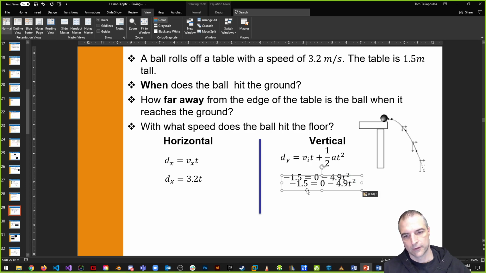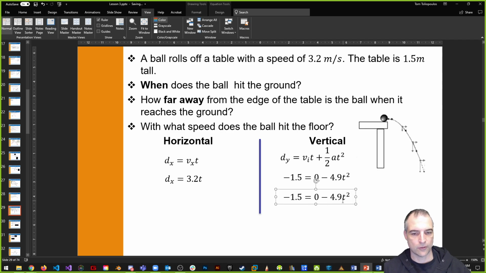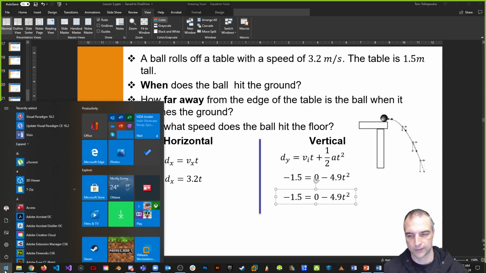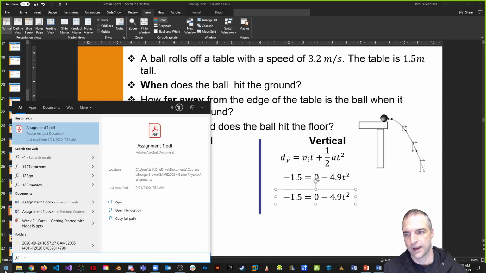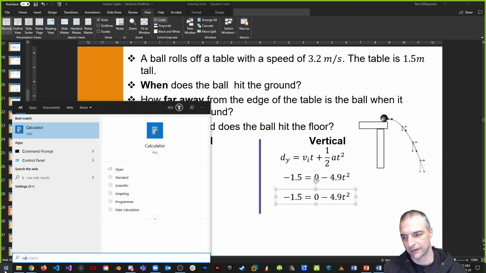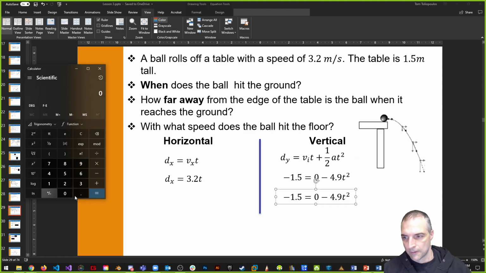Okay? So if we take this to the next level, we can say that t squared then is equal to negative 1.5 over negative 4.9. All right, so let's quickly figure out what that is. Negative 1.5. Come on, calculator. So let's just say we'll dispense with the negatives because a negative over a negative is a positive.